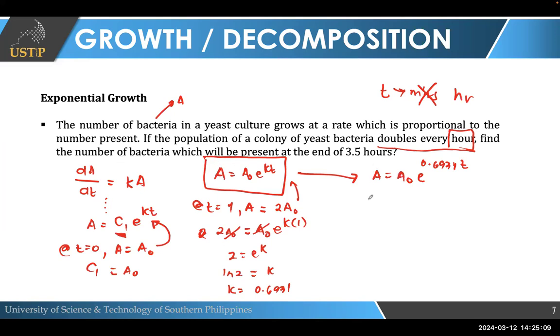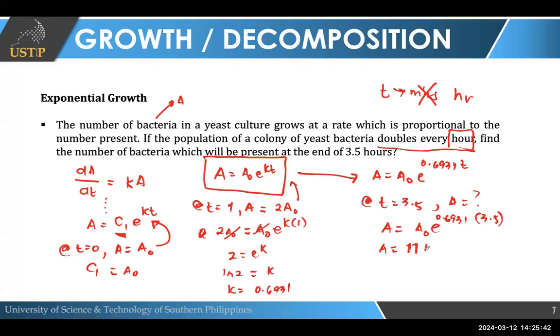Okay, so the problem now is to find the number of bacteria which will be present at the end of 3.5 hours. So, meaning at T is equal to 3.5 hours, what is now the value of your bacteria? How many are there now? Okay, so A is equal to A naught e to the 0.6931 times T, which is 3.5. If you calculate that, you can get 11 something. You can round it off. It can be 11 times something.